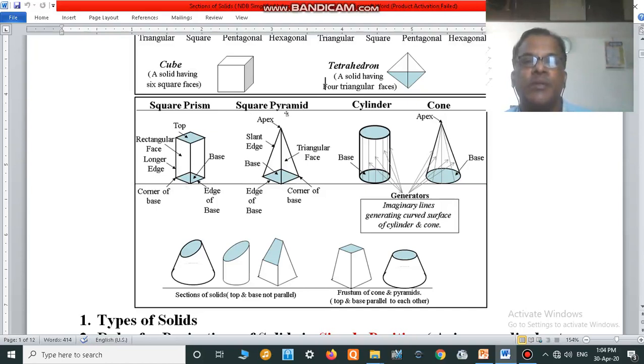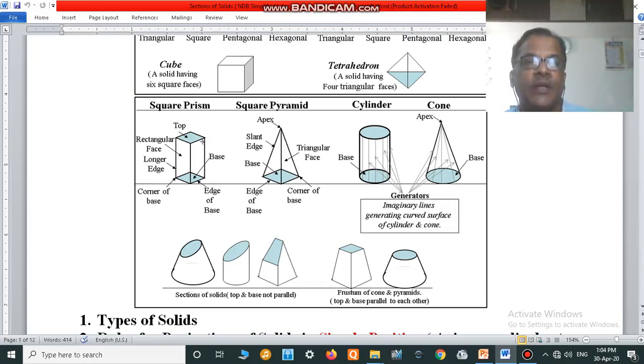Similarly, for the square pyramid also, there is only one base here. So this is the edge of the base. This is the corner of the base. Now instead of another top, which is there in the prism, there is only one apex in the pyramid. These apex points are joined at the corners of the base, and due to which slant edges are there. There are four slant edges in the square pyramid, and due to slant edges, a triangular face is formed.